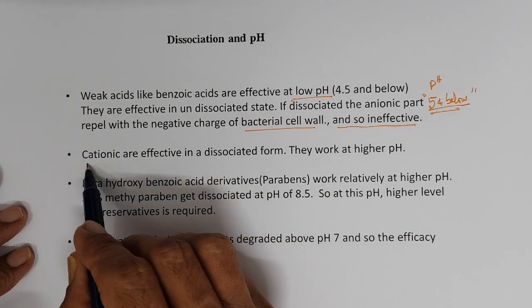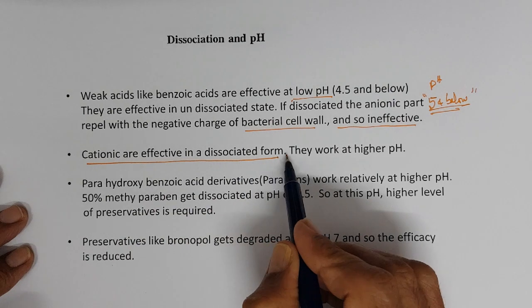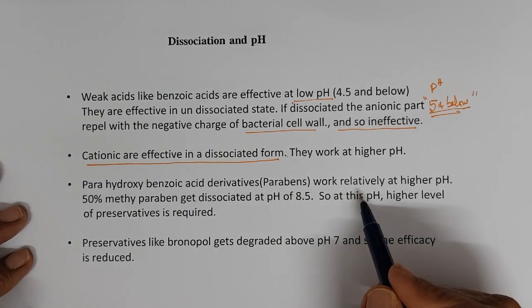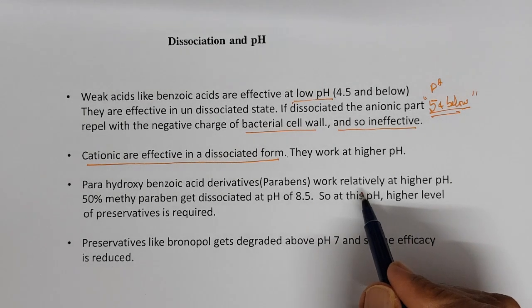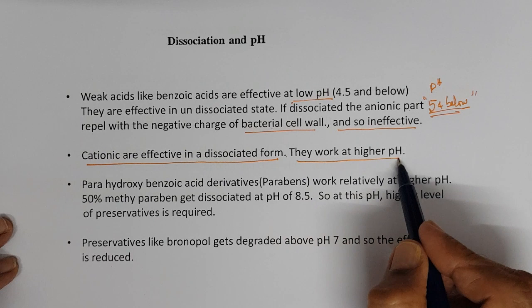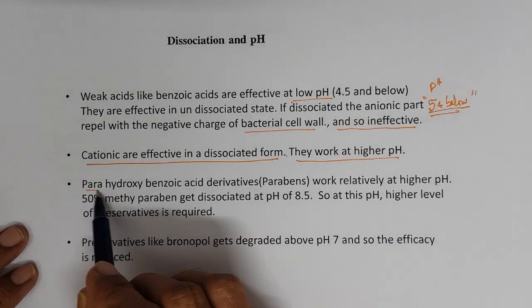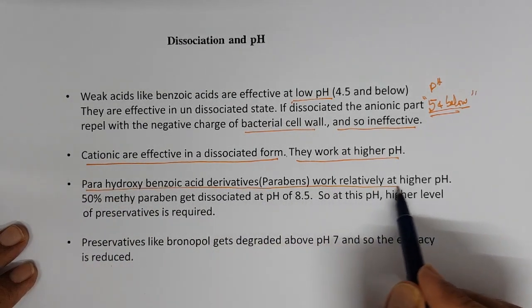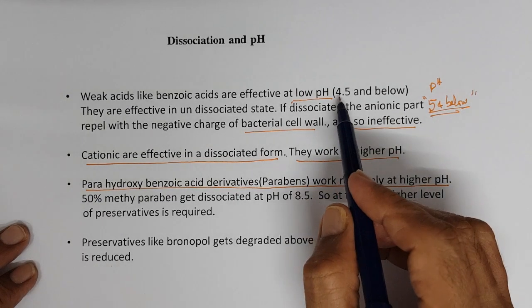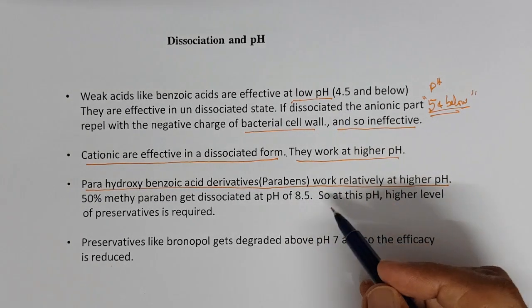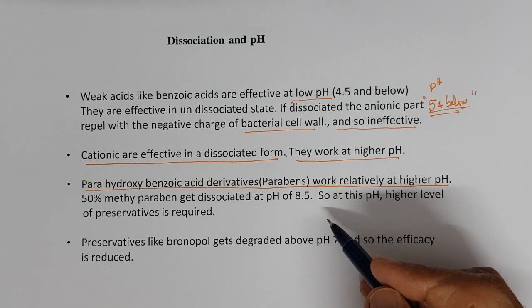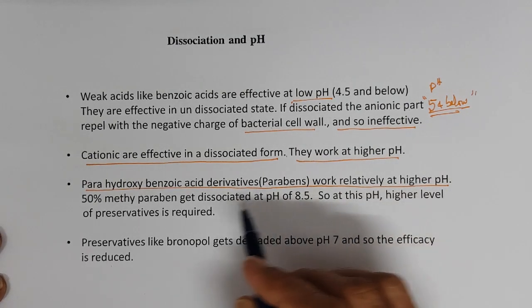On the contrary, cationics are effective in the dissociated form, right? Benzalkonium chloride, a cationic preservative, works at high pH, right? Parahydroxybenzoic acid derivatives, parabens, work at a relatively higher pH than the weak acids, benzoic acid and sorbic acid.